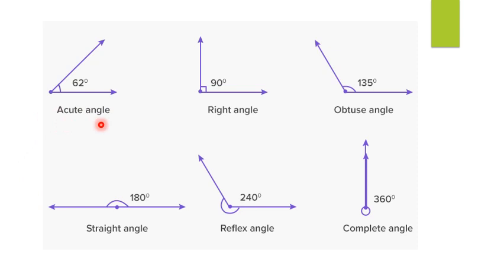There's an acute angle. Now, this is an angle which is less than 90 degrees. Here I've given you 62 degrees, so that is less than 90. Now, the focus of today is what we call the right angle. A right angle is exactly 90 degrees, and it always makes the L shape.